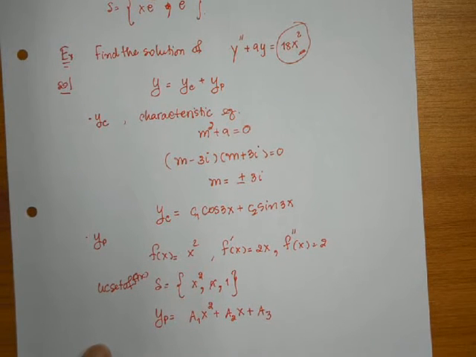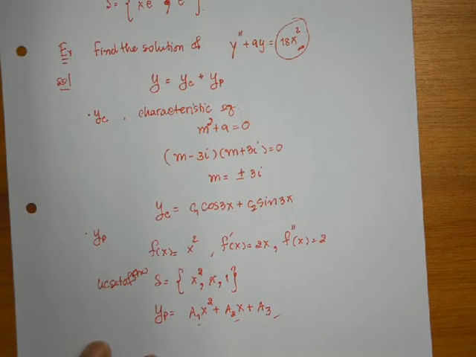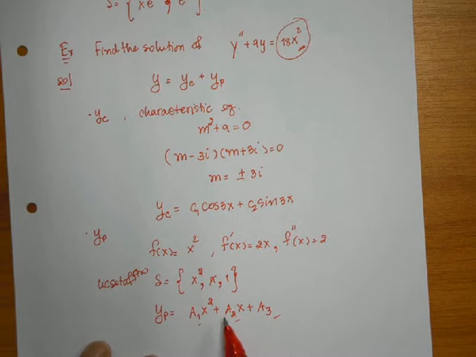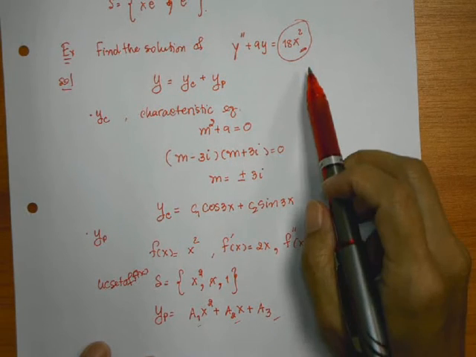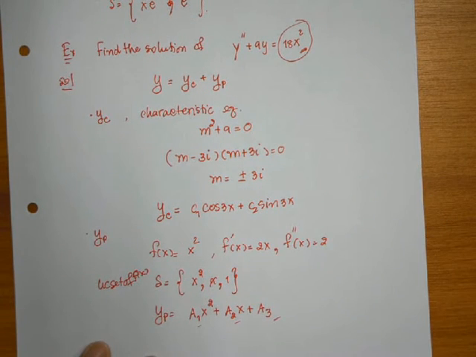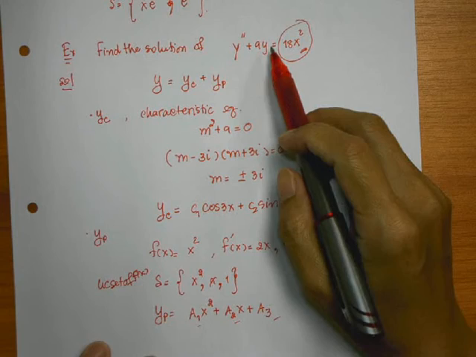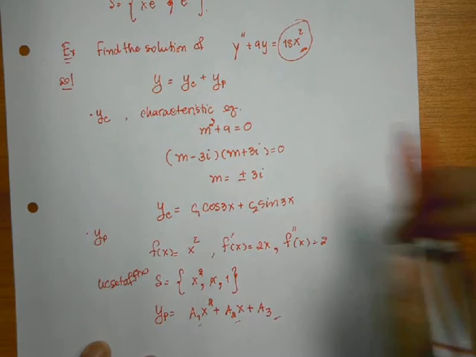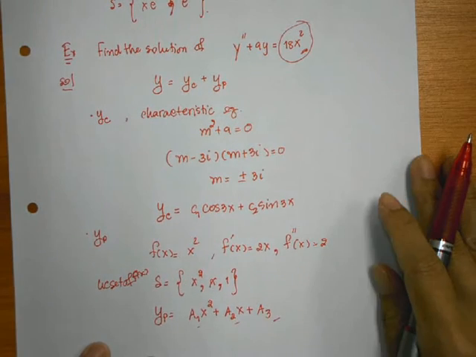Now, if we know a1, a2, and a3, we would get yp. Next, how to find a1, a2, and a3? If yp is really the answer of this differential equation, then when you put yp in the equation, it should be right.